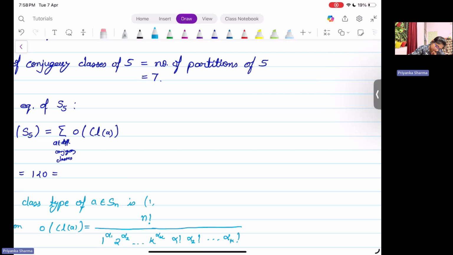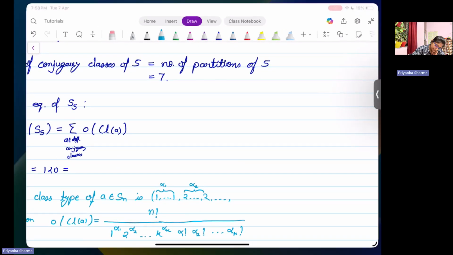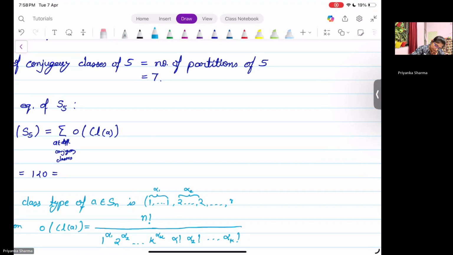This is 1 up to alpha 1 times, 2 up to alpha 2 times, and n up to alpha n times.